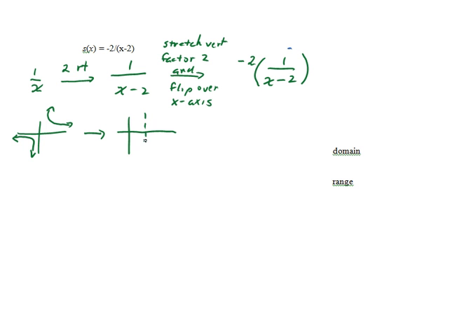So the vertical asymptote is now x equals 2. Points on the graph would be 3, 1, and 1, -1.